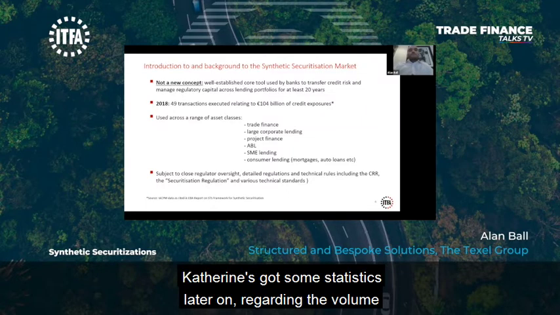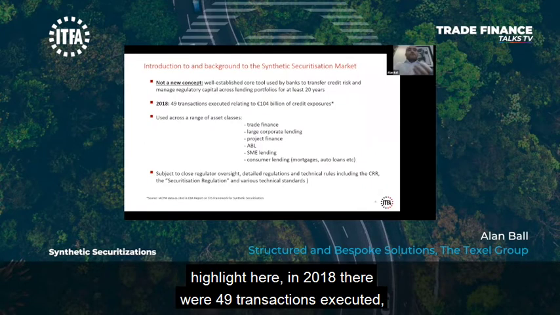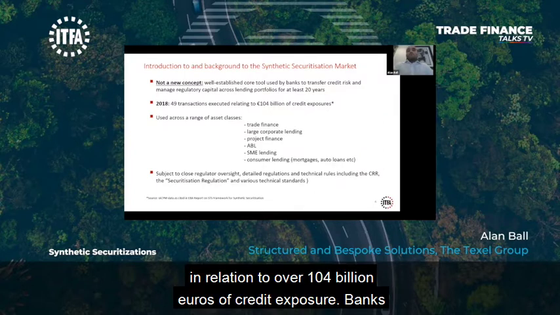So Catherine's got some statistics later on regarding the volume of the transactions executed in this space, but just a short highlight here. In 2018, there were 49 transactions executed relating to over 104 billion euros of credit exposure.